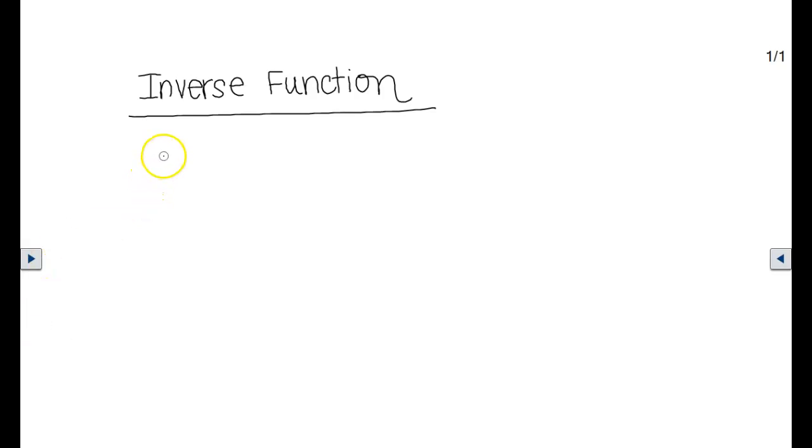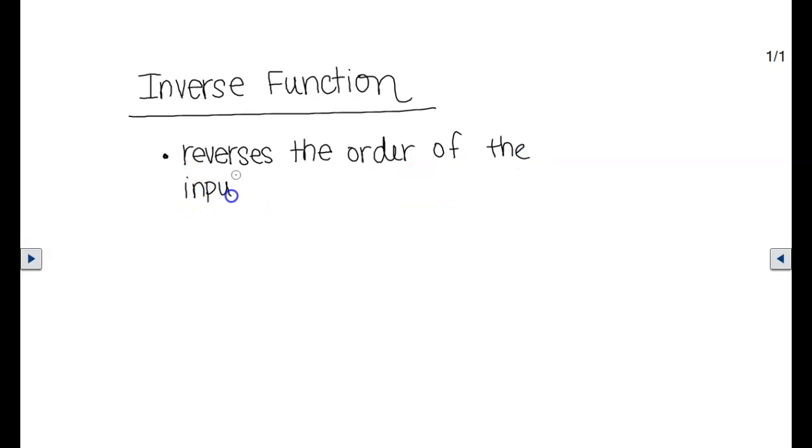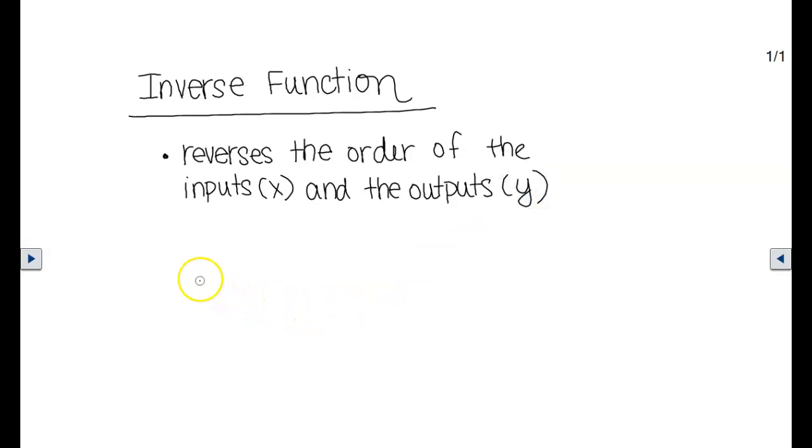Now, here's the first thing you need to know. An inverse function reverses the order of the inputs, which we know are the x's, and the outputs, which we know are the y's, for a function.